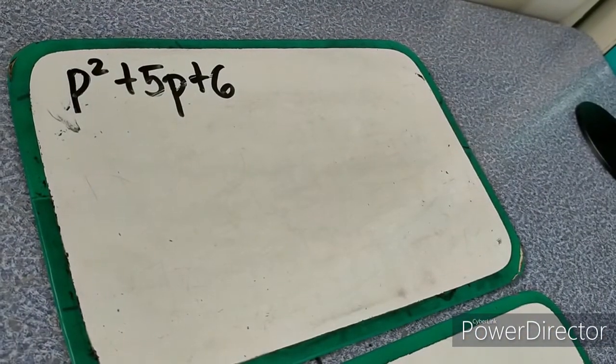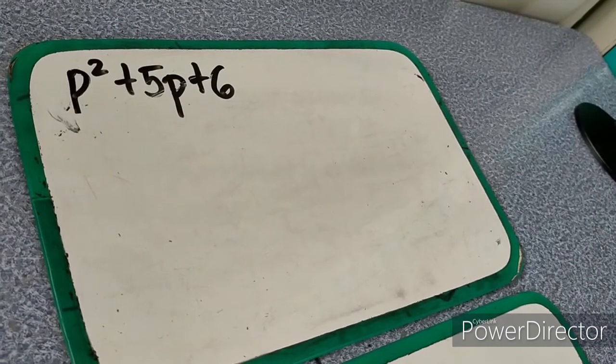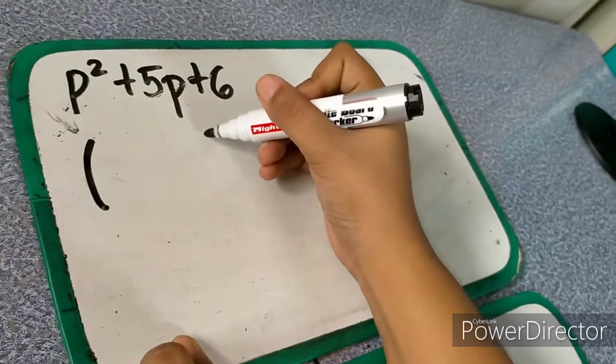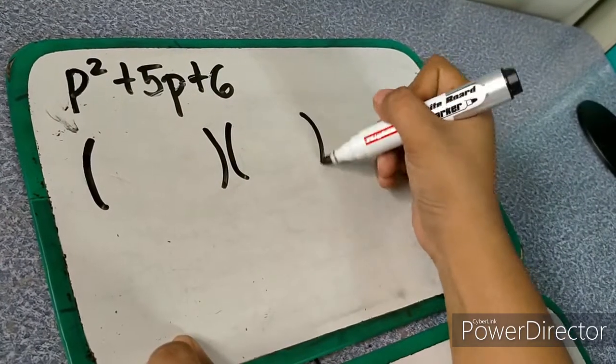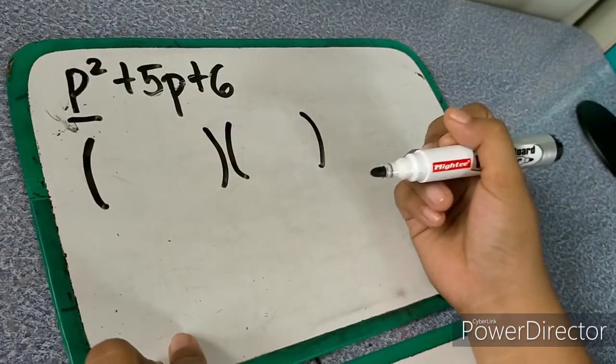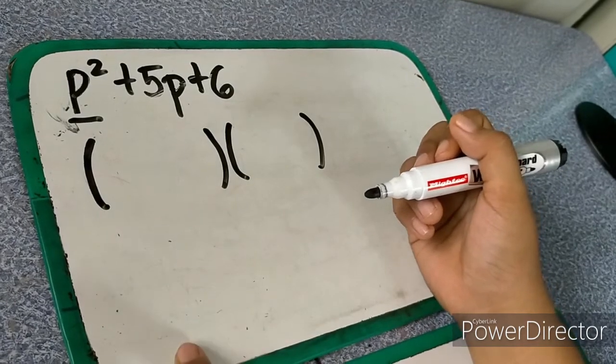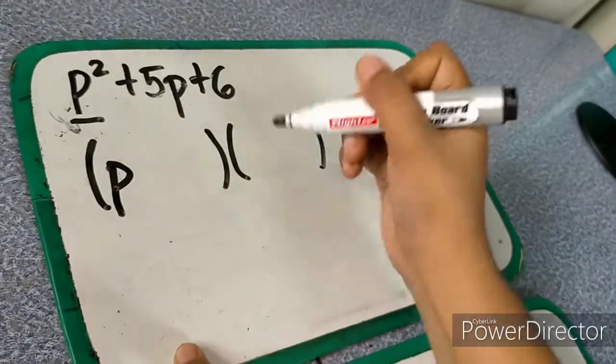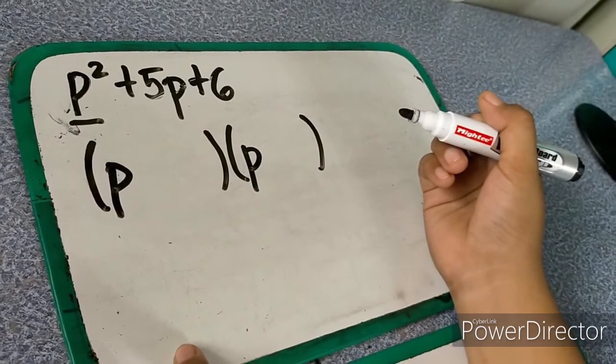So there are few steps in performing factoring trinomial with the leading coefficient of 1. First step is to factor the leading term or the first term, this one. What are the factors of p squared or the square root of p squared? It is p times p. Correct.